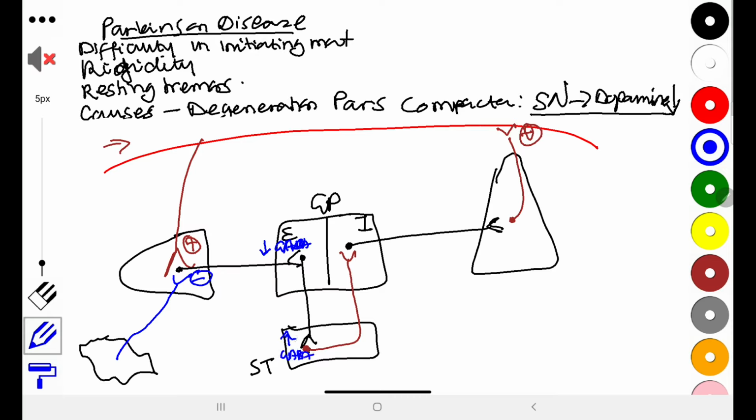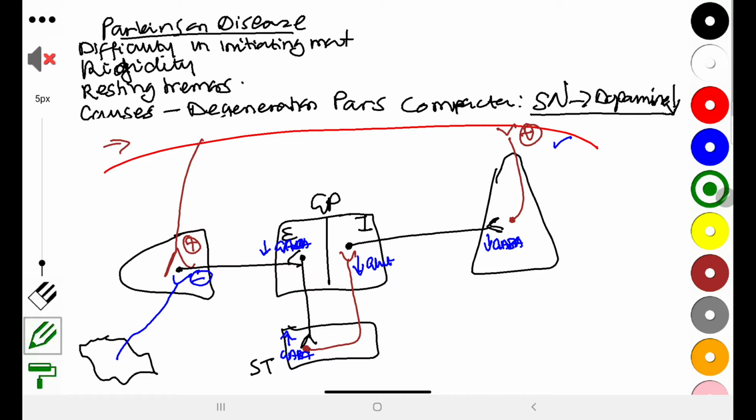And if there's more GABA here, it means that this will be inhibited. And if there's less glutamate here, it means that there will be less GABA here, because nothing is exciting the pallidothalamic pathway. Once there's reduction of GABA there, it means that you will see some activity occurring between the thalamus and the cortex, and so there will be some facilitatory movement.